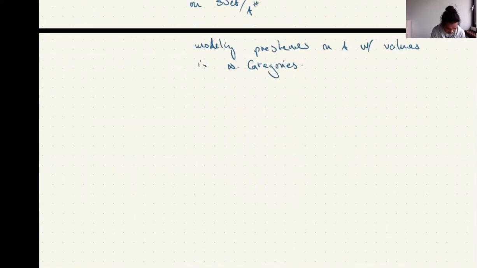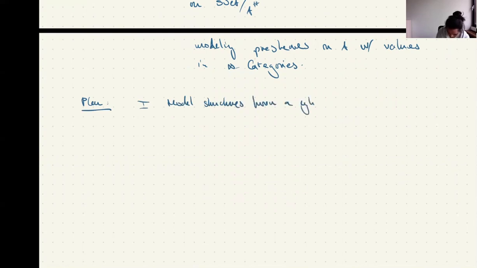So the plan for the rest of this talk is as follows. First, I want to tell you how these model structures are constructed from a cylinder. And then once we have these model structures, there's a notion of cofinality, which is very natural in this setting. So you get an abstract notion of cofinality, which recovers the usual notions of cofinality of functors.